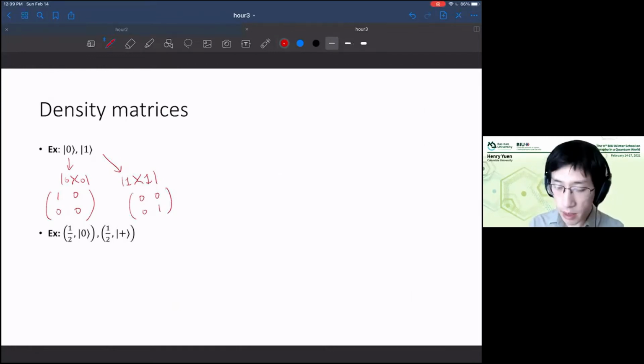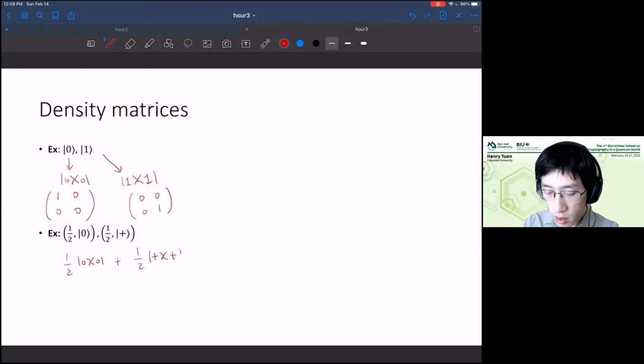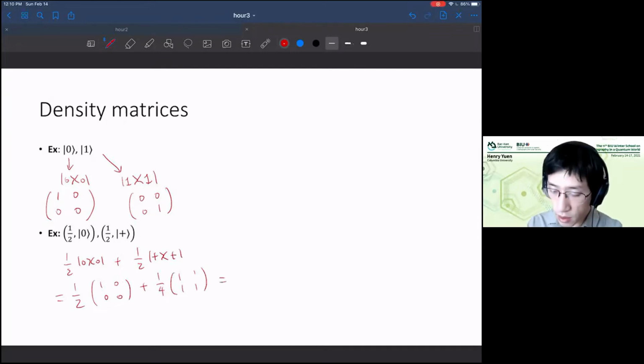If we have a probabilistic mixture, let's say we had 1/2 probability 0 and 1/2 probability plus, well, we can sum up these two outer products, right? And so in matrix form, we get 1/2 times 1, 0, 0, 0, plus 1/4 times 1, 1, 1, 1, if you write everything out.